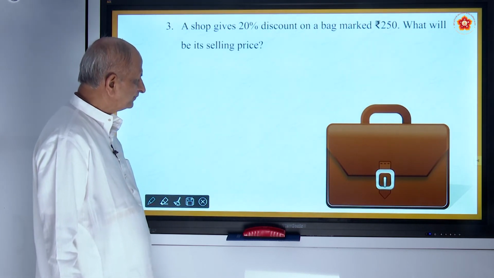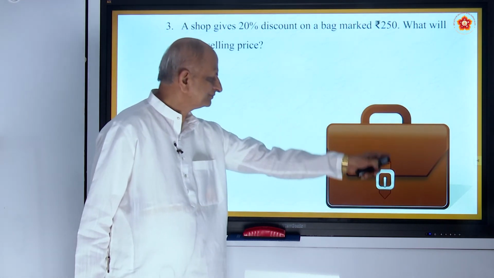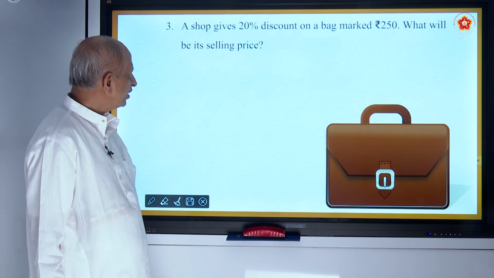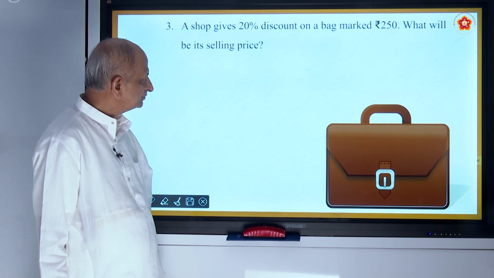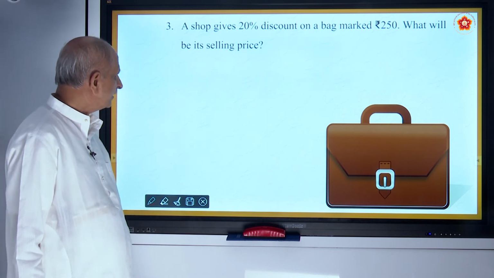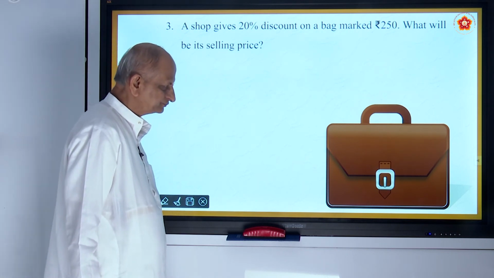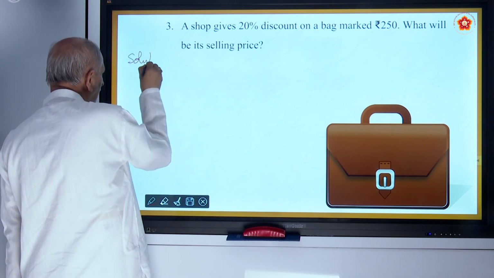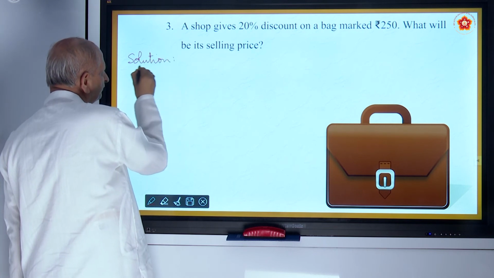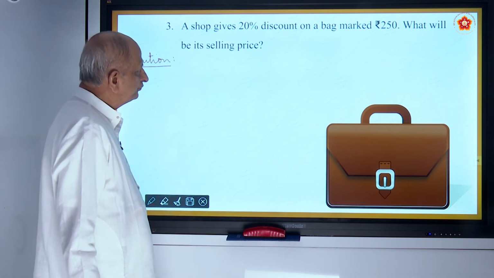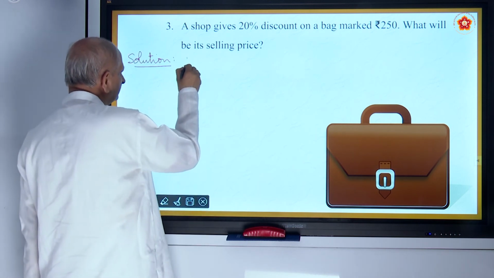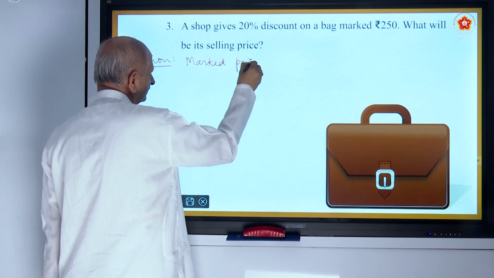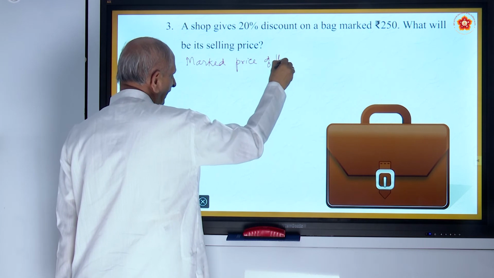Now one more problem. This is a beautiful bag, something like your laptop bag. A shop gives 20% discount on a bag, market price rupees 250. What will be its selling price? So solution, come on, what are the steps you write? So market price of a beautiful bag.